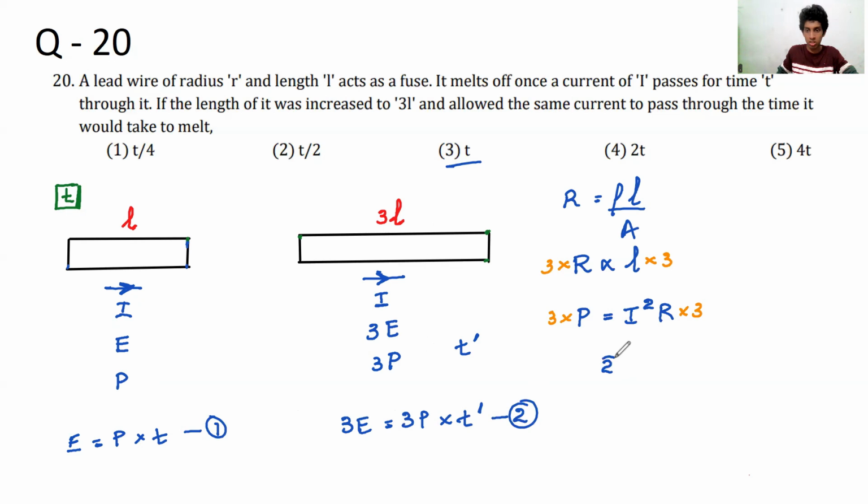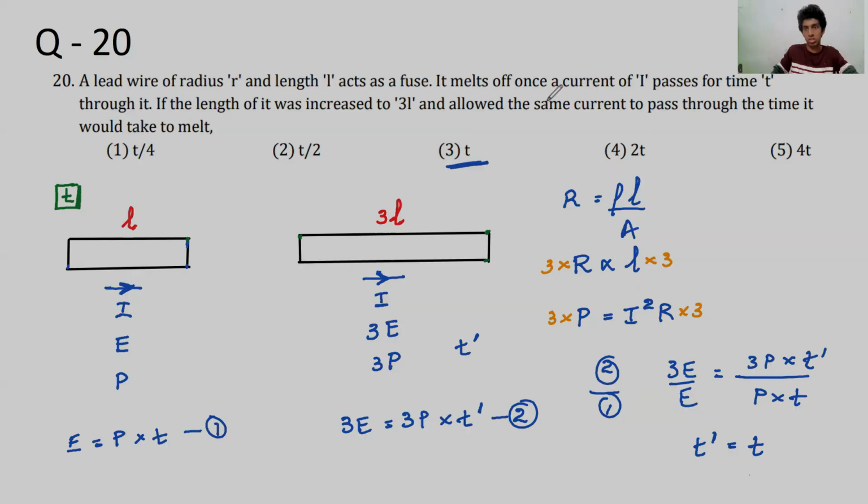When we divide the second one by the first one, we will obtain 3E over E is equal to 3P into T dash over P into T. When we simplify this, T dash will be equal to T. So at the second instance also, the time required to melt the lead wire will be T. So the correct answer is the third one.